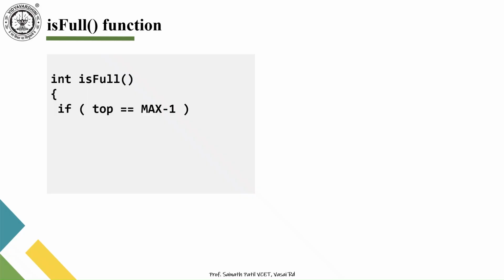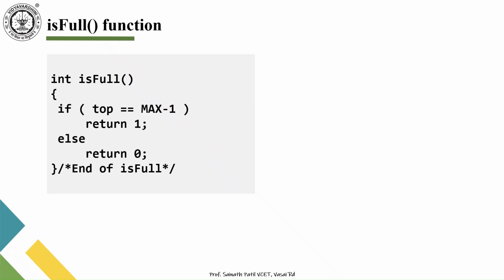Then inside the function, if top equal max -1. Max is the size. Now in our algorithm we consider max is equal to 5. So if it is true, then we will return 1, otherwise we return 0. That is the isFull function.